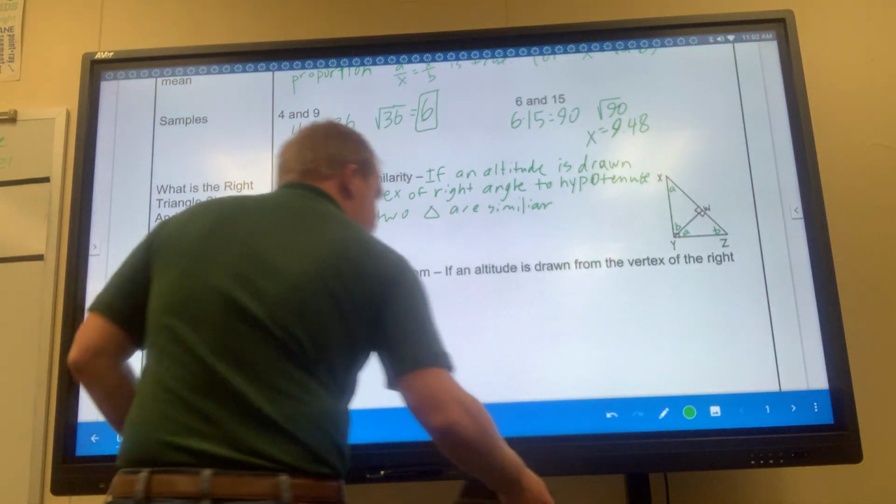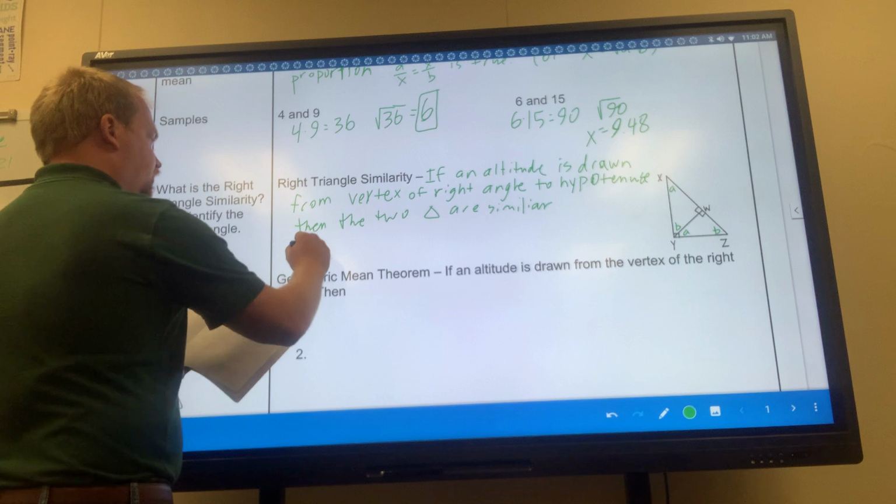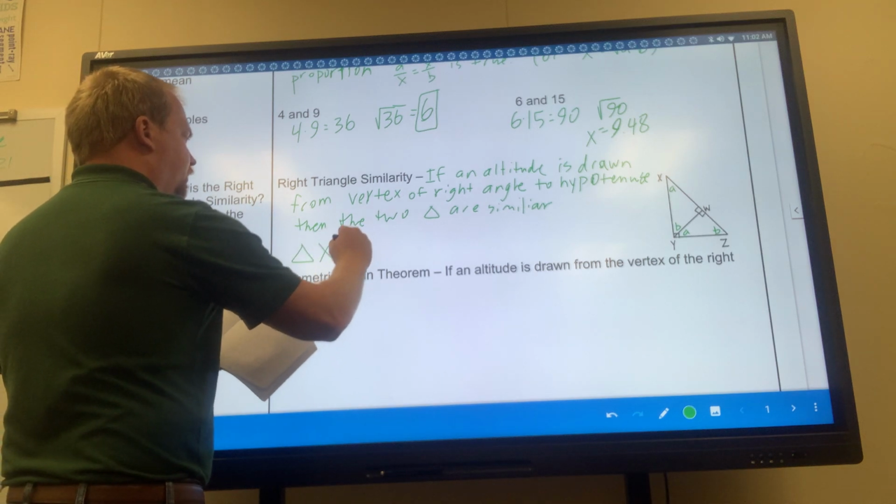So for example, this is how the triangles are similar to each other.